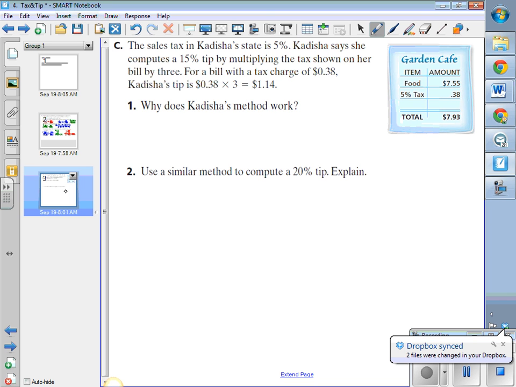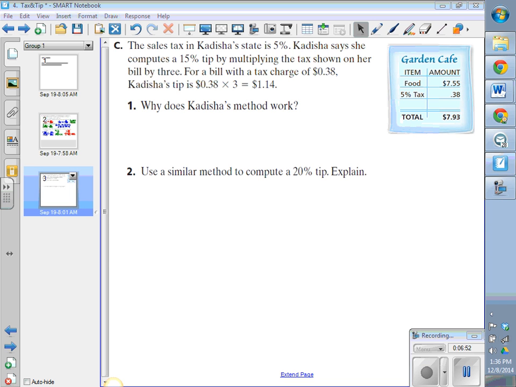Okay, think about what we were saying on the previous slide. We said that 10 cut in half gave us 5, and then added to the 10 gave us 15. So think of the way we get 15: 5 times 3, that would work.